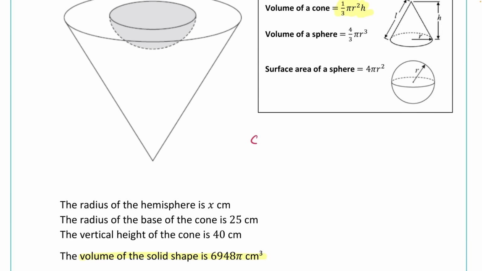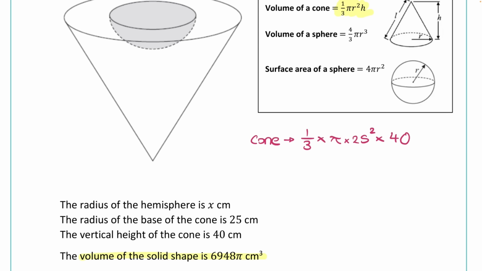So for the cone, we would do 1/3 times pi times r squared, says the radius is 25, so times 25 squared times the height, which is 40. So we want to type that in on the calculator. Now when we get an answer here, we have two options. We can either write down our answer as a decimal, or we can write it down in terms of pi.